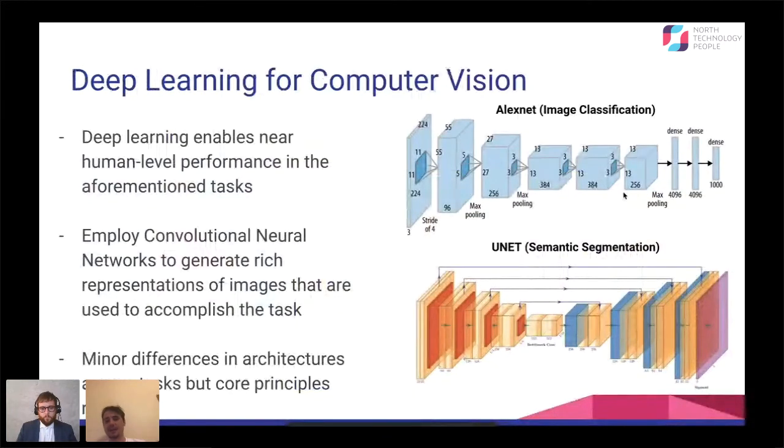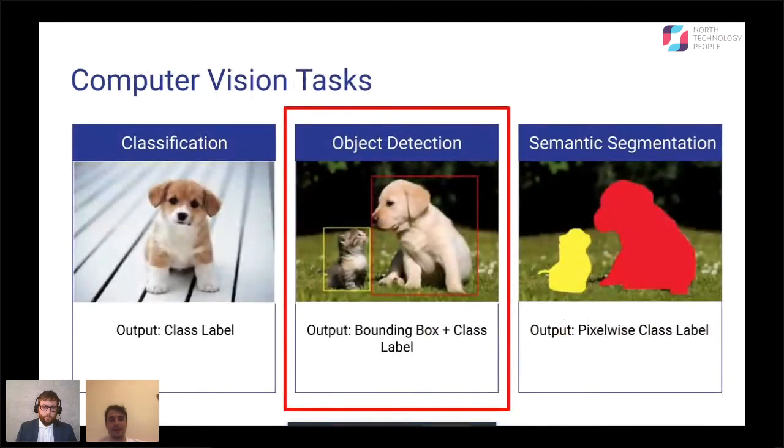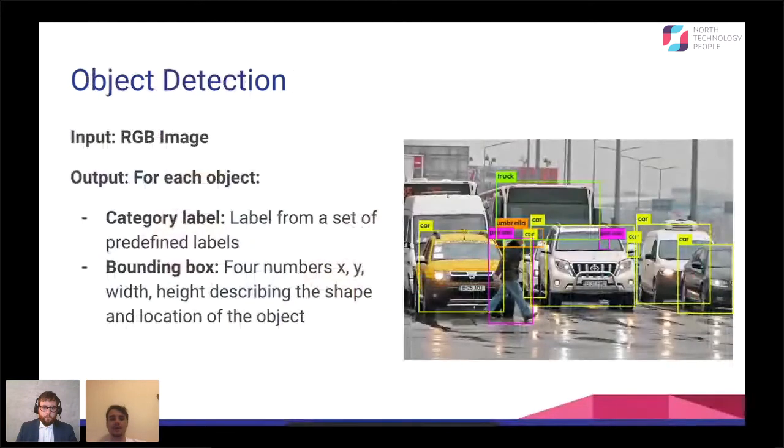So what I'm trying to get across here is that the architectures or design of these systems may vary a bit across tasks, but the core principles, which is just convolutional neural networks, remain the same between different approaches. But we're going to be focusing on object detection today. So we're looking to, for each object, predict a bounding box and class label.